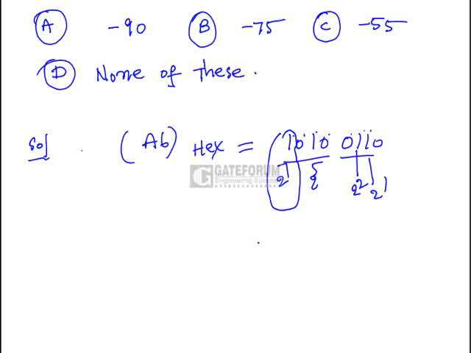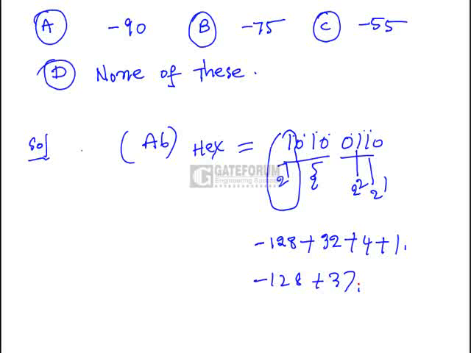So 2 power 7 means minus 128, plus 2 power 5 is 32, plus 4, plus 1. So it will be minus 128 plus 37, if you subtract 37 from 128.